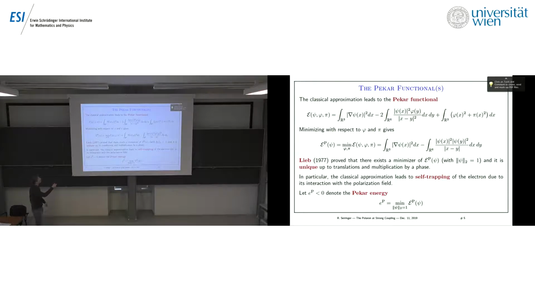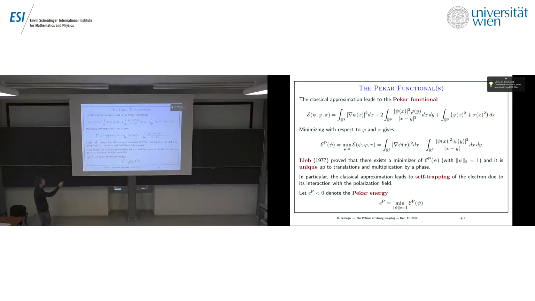So we minimize with respect to, say, the fields, phi and pi, right? And this is very easy to do because it's quadratic, right? If you minimize, of course, the pi wants to be 0, has no reason not to be 0, and the phi appears quadratically, so you just complete the square, and you find, after minimizing over phi, what is, I think, usually called the Pekar functional.